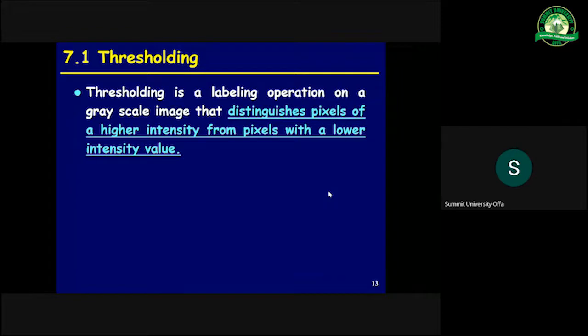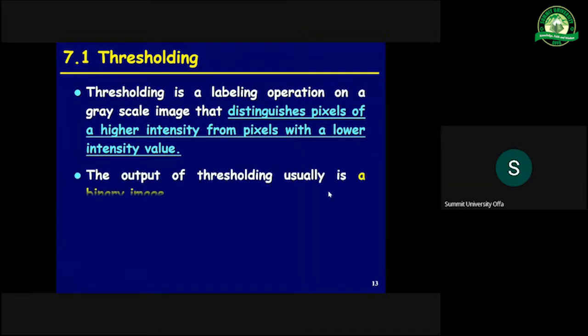So that 40 is what we regard as the threshold value. If you score above 40, then you come into the group that you call pass. But if someone scores below 40, then that person comes into another group that we call fail. That is one technique that we call thresholding. So the output of thresholding is usually a binary image.